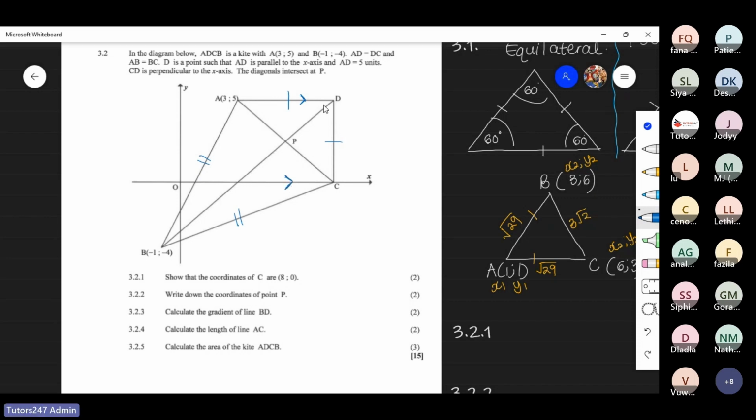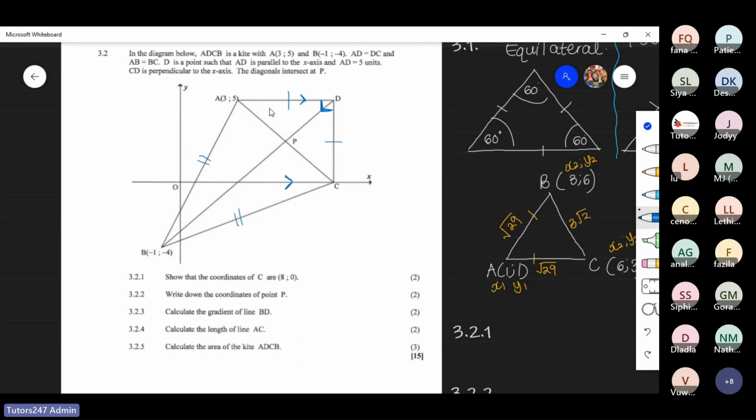What that then means is that this is now going to be 90 degrees. If AD is parallel to the x-axis and if DC is parallel to the y-axis, it would then be perpendicular, or it would meet at a 90-degree angle. So let's continue to read our question to see if it actually is. If it's not, we'll come back and erase it.